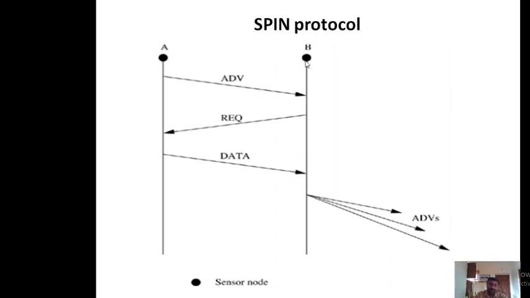In the same manner, B can send an ADV message to its other neighbors also. If we repeat this, the data dissemination is prolonged. So in this manner, in SPIN, we can distribute the data throughout the network. So this is the concept of the SPIN protocol.